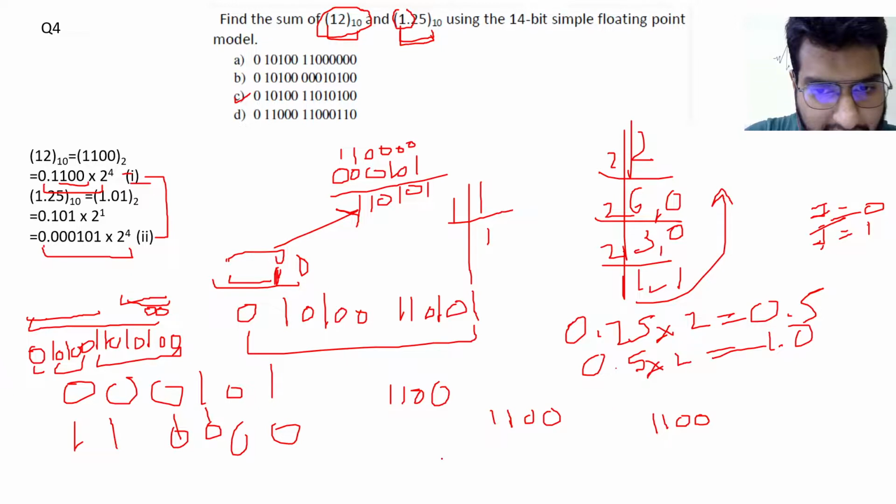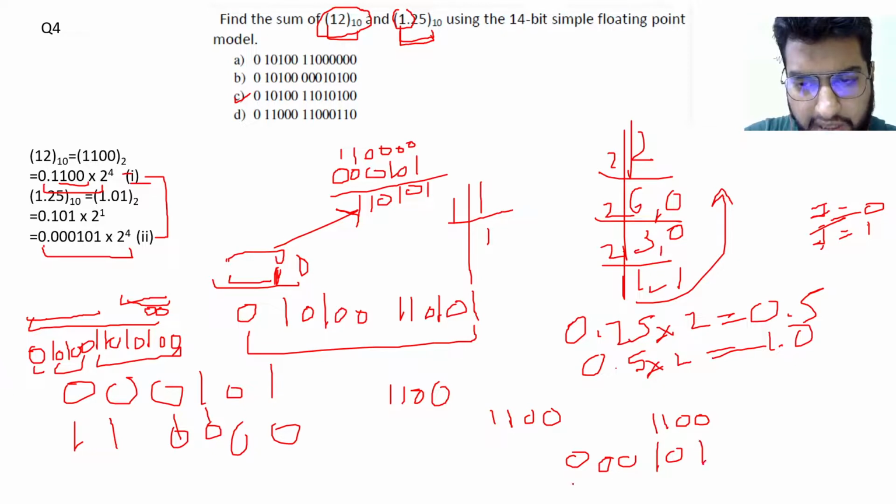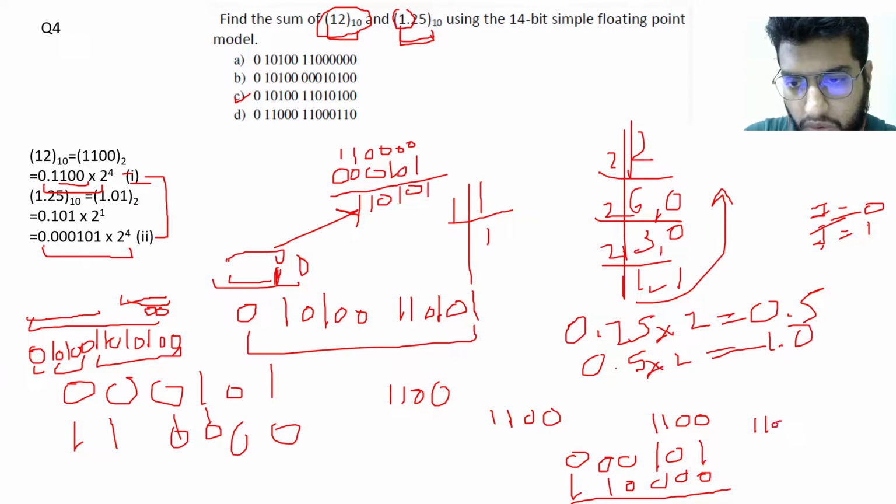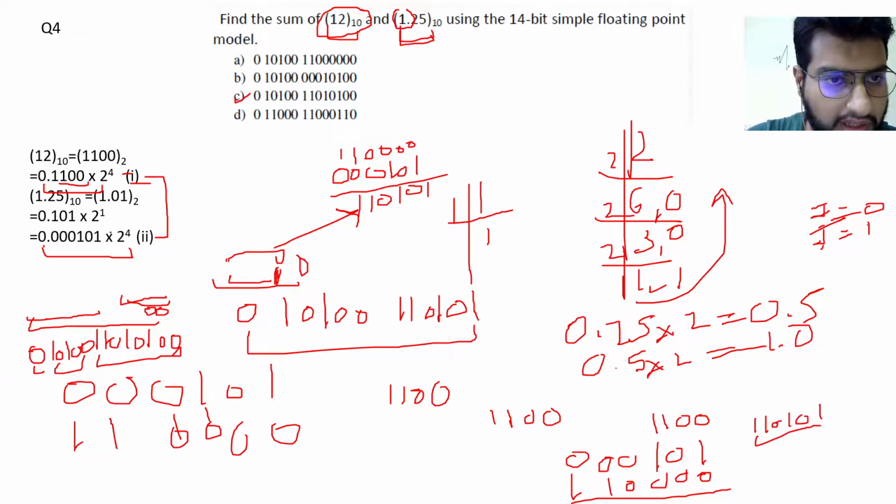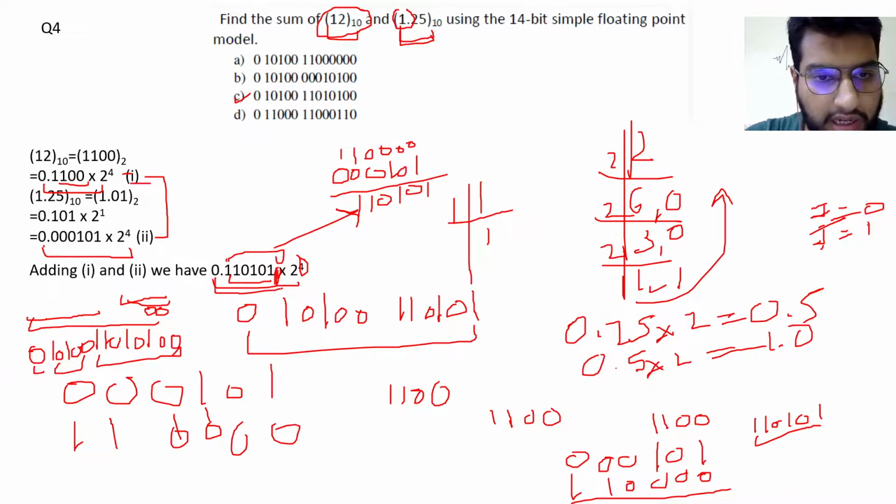Sorry, I just messed it up here. 000101 needs to be added with 1100. I'll add two more zeros here. So the addition will be 111101. This is our mantissa part, and it will be 2 to the power 4.